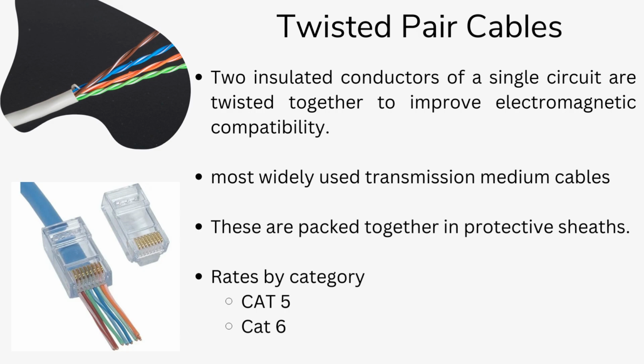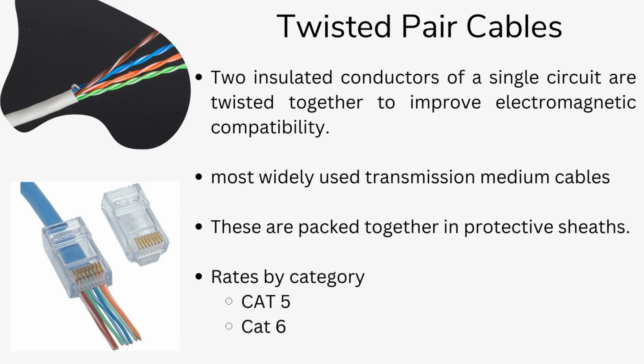A single cable has four pairs of such twisted pairs, so it's totaling eight wires. Look at the first diagram. You can see there are two wires twisted, and there are four such pairs. So altogether, there are eight wires inside the twisted pair cables.